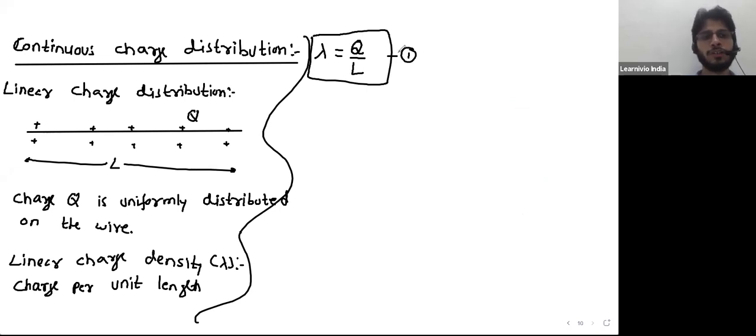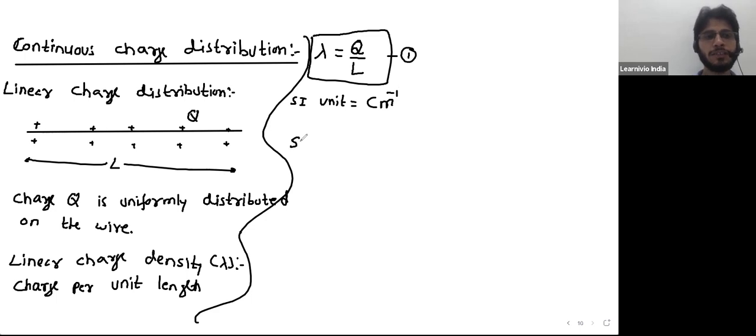Lambda is total charge over total length. The SI unit of linear charge density is coulomb per meter.